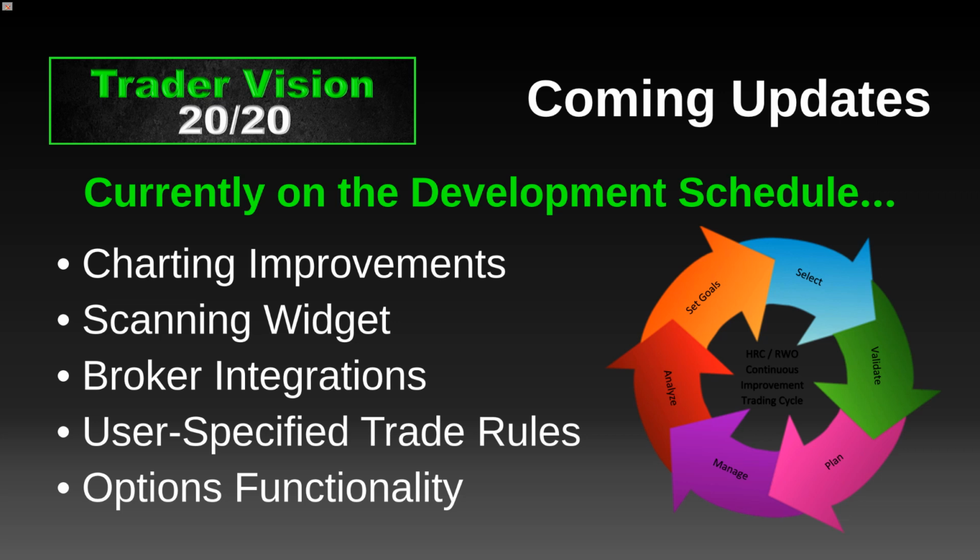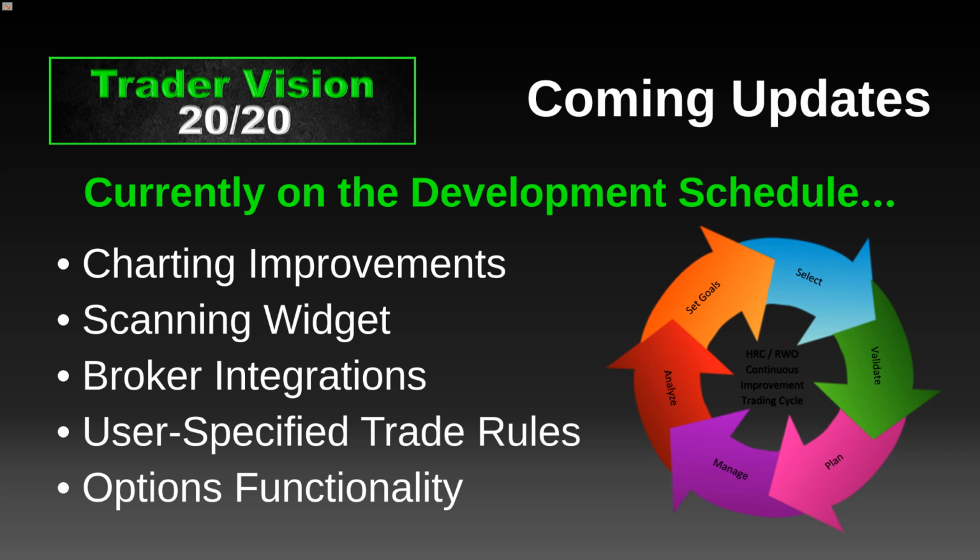We will then go into broker integrations and user-specified trade rules. For example, perhaps you want to look at the 3 EMA versus the 8 EMA as one of your trade conditions that you evaluate each trade against, or maybe you want to look at volume over a certain level, or you want to look at the trend based on the 8 EMA or based on the 34 EMA, or however you like to look at it.